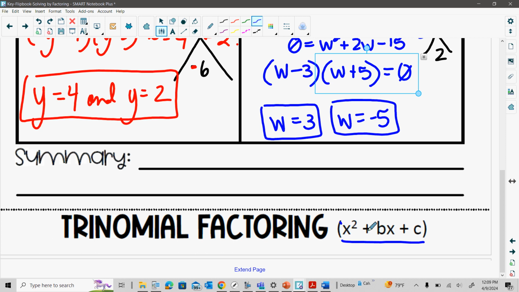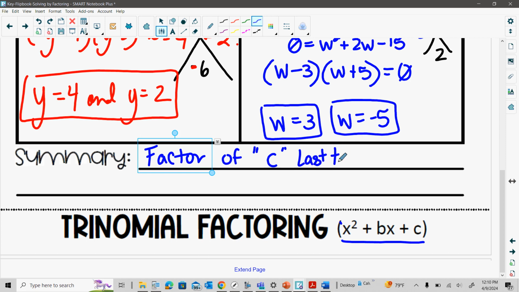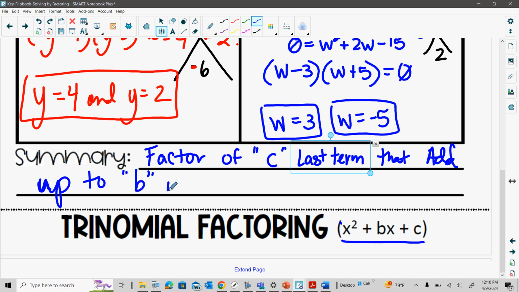So whenever we see it in this form, we have to remember to factor, we want factors of the C, which is the last term, that add up to B. And that B is representing the middle term.